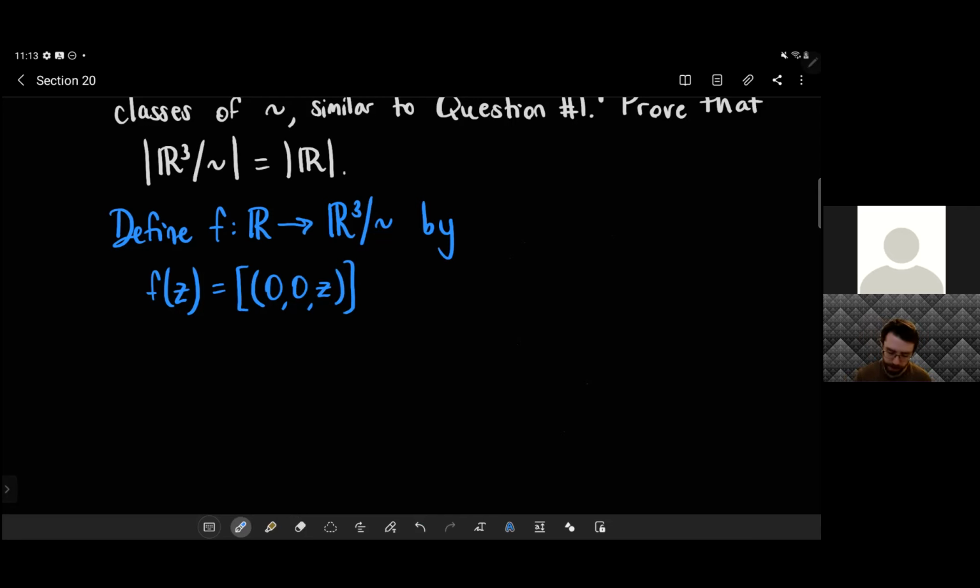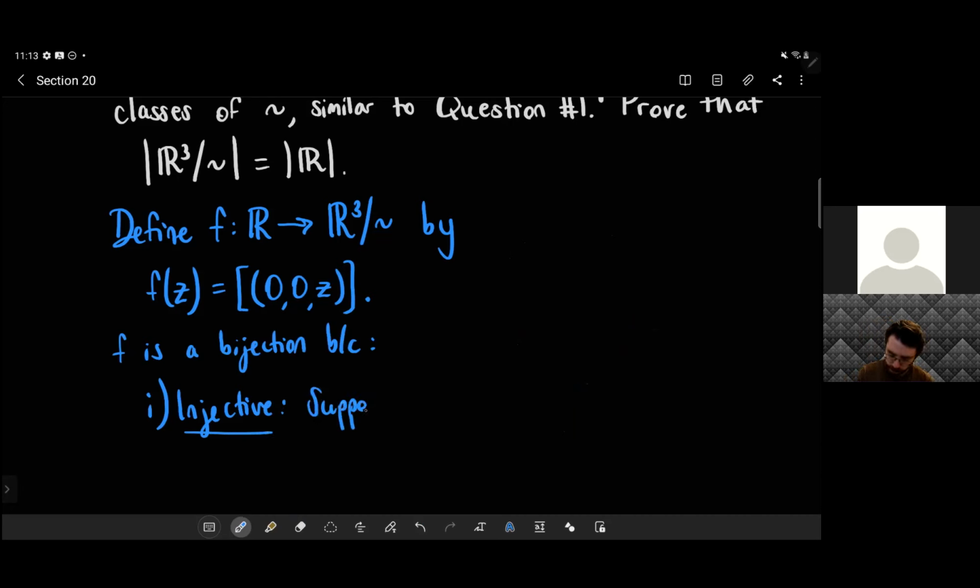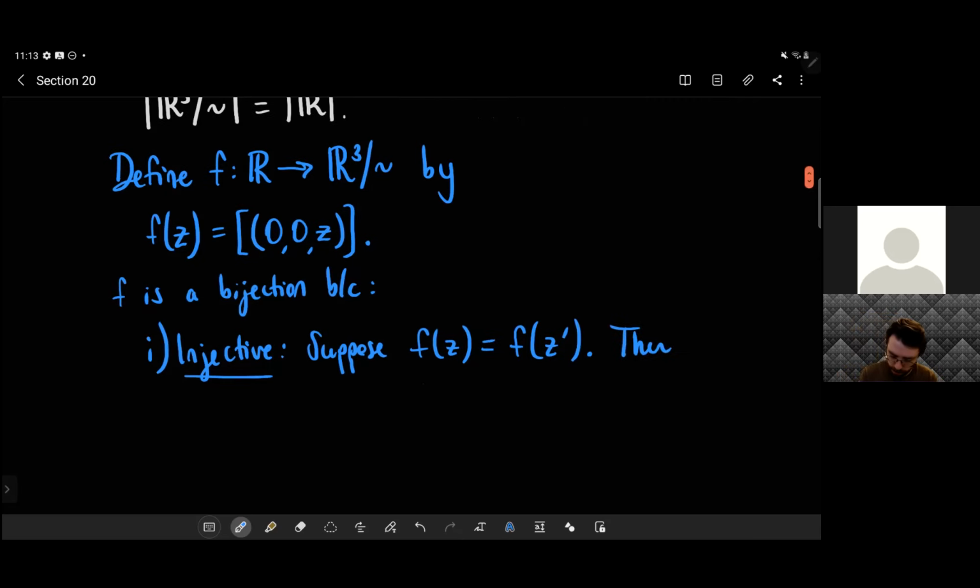All right, so we need to prove this is a bijection. So again, I'll make that claim and then prove each one. It's injective. Okay, so as always, suppose z and z prime have the same function value. What does that mean? Well, we're going in reverse this time. The function spits out the equivalence class of 0, 0, z.